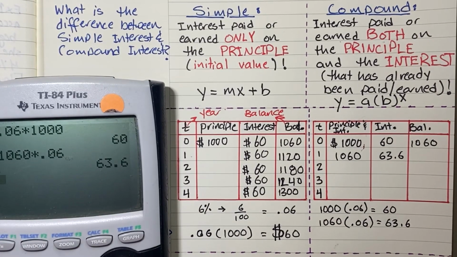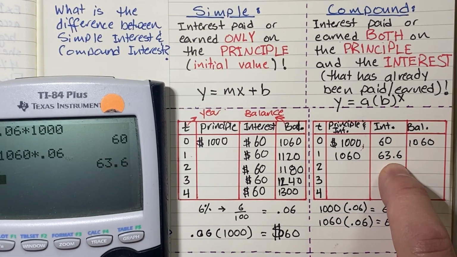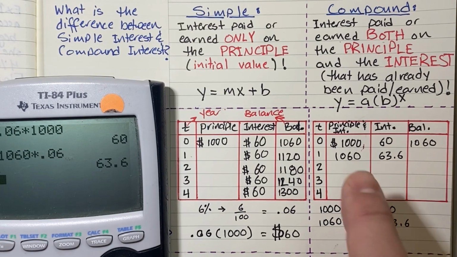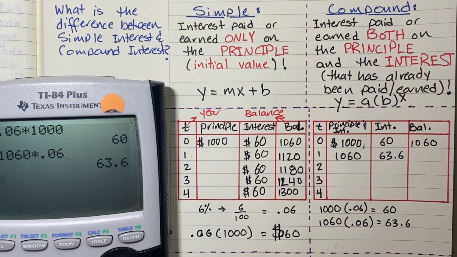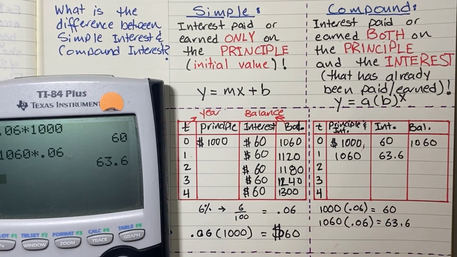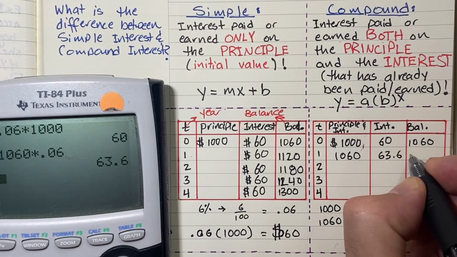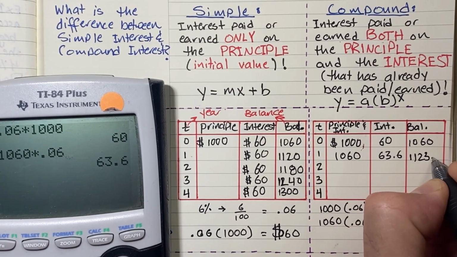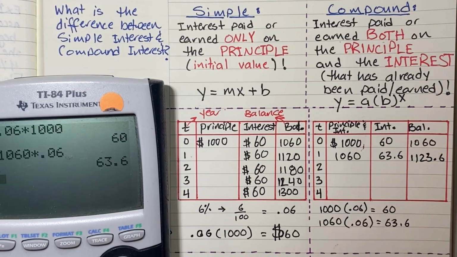So we add this specific interest to the balance that we had from before. So 1,060 plus 63.6, what is that going to give us? Well, that's going to give us 1,123.6. Okay.